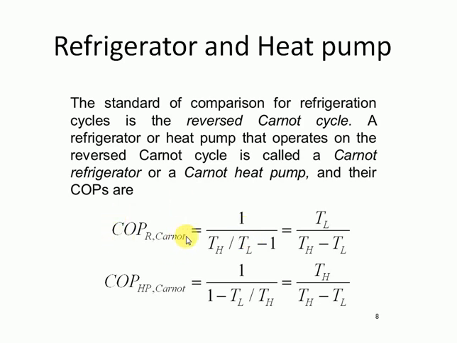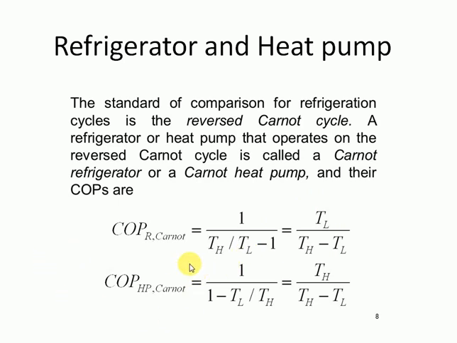So Carnot's refrigerator coefficient of performance is defined as the lower temperature divided by the temperature difference between the atmosphere and the lower temperature. That is the room temperature, because in the room we are going to create a low temperature. So the lower temperature, that is the room temperature, divided by the temperature difference between room and the atmosphere, is the coefficient of performance of Carnot's refrigerator.